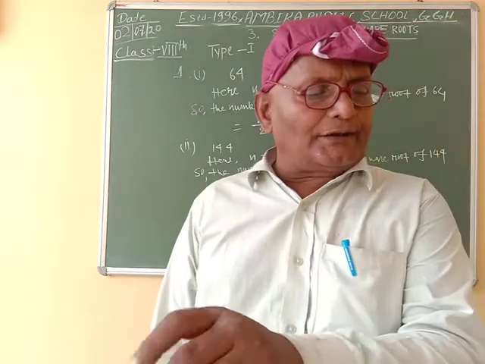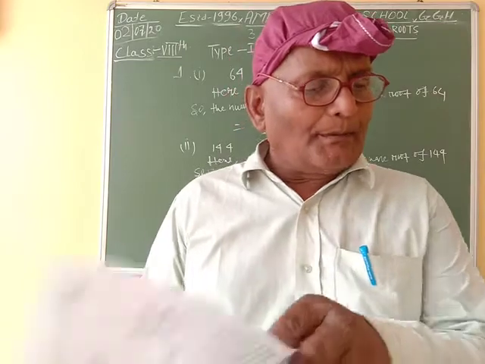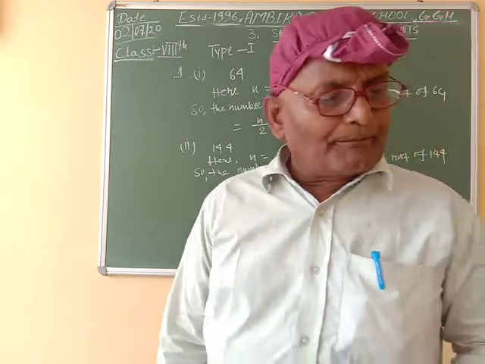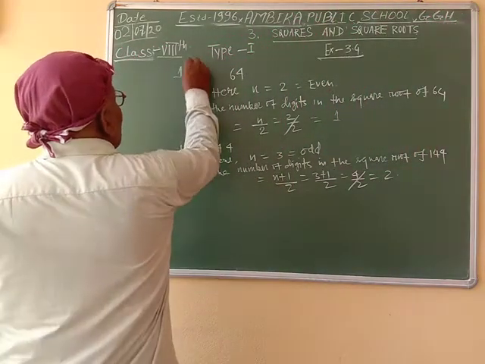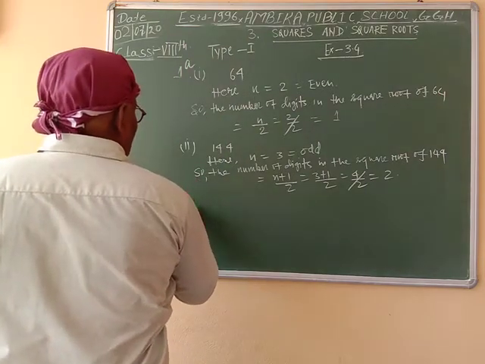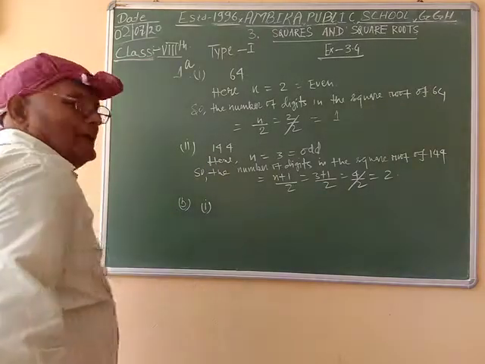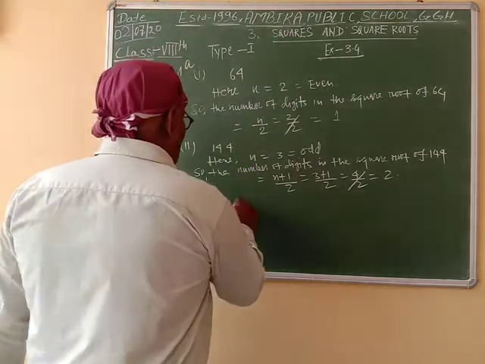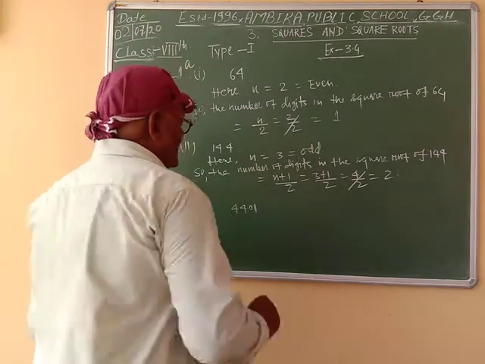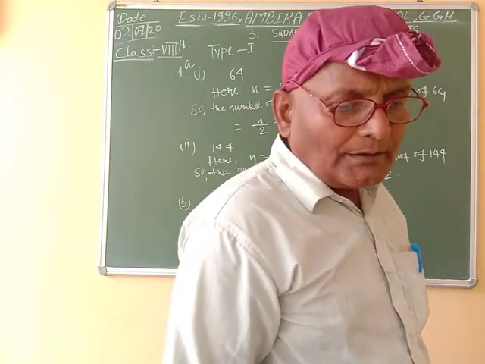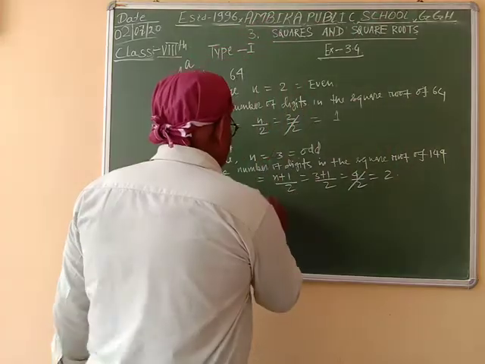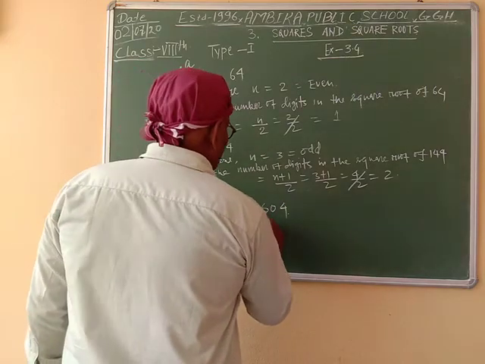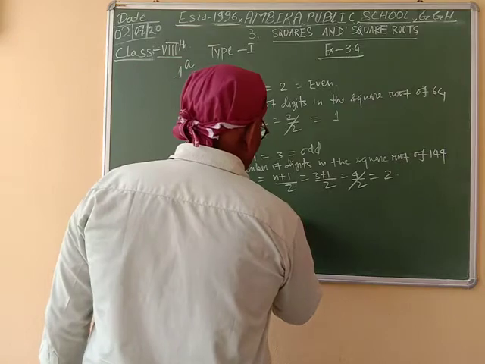Here, the number of digits in the square root, B number 4, do this, B का 1, number 4401604. Here n is equal to 7, which is odd.